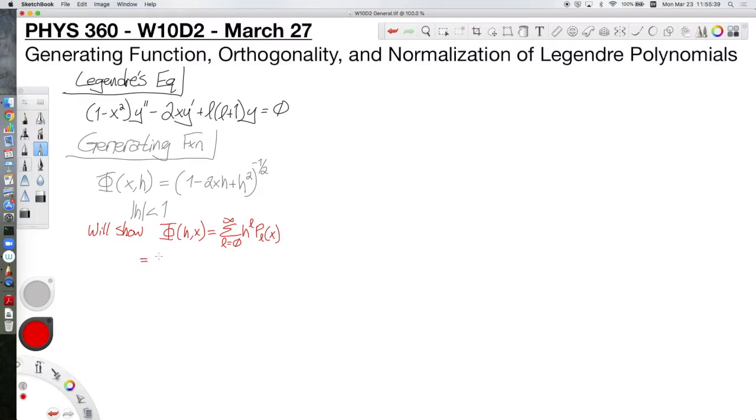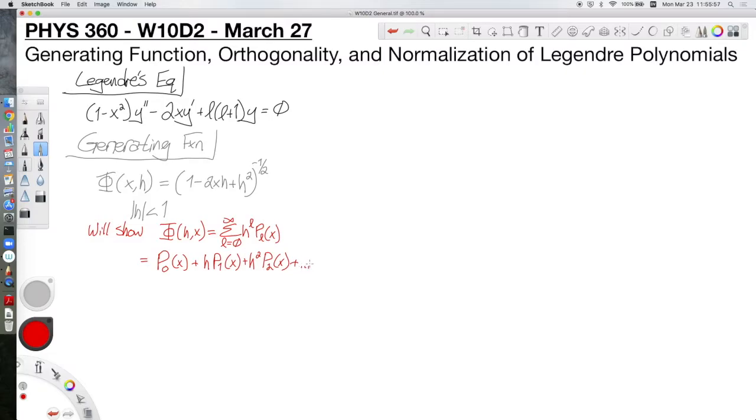Or, in a different form, P naught of x plus h times P1 of x plus h squared times P2 of x, and so on.